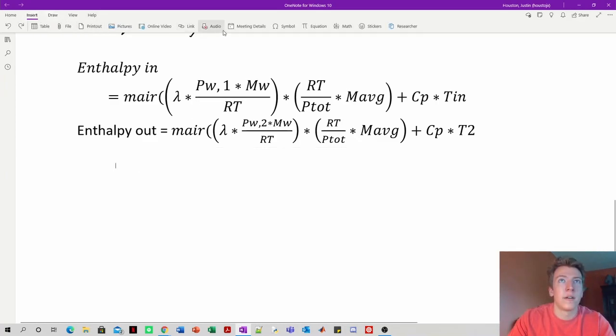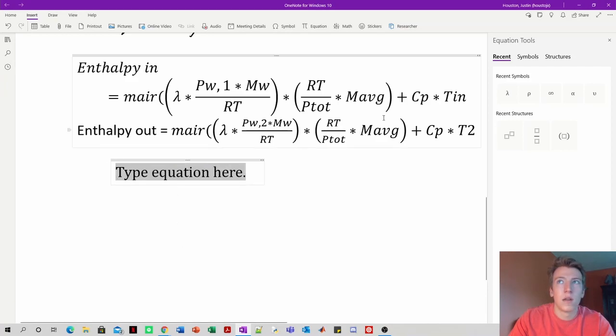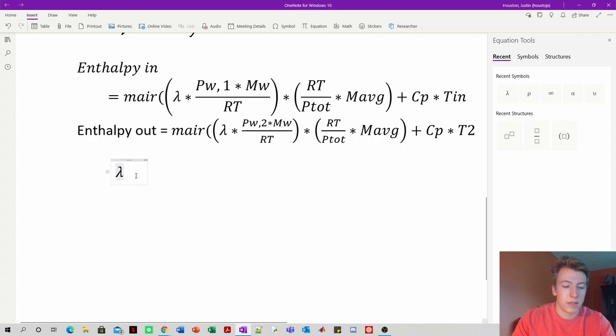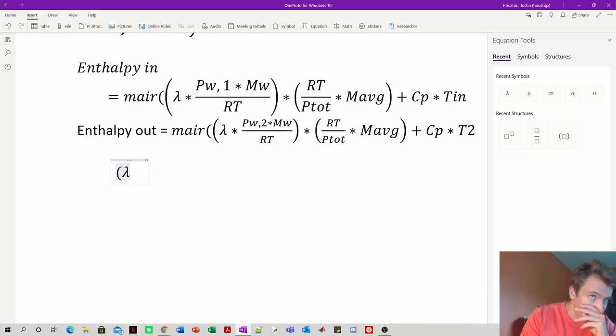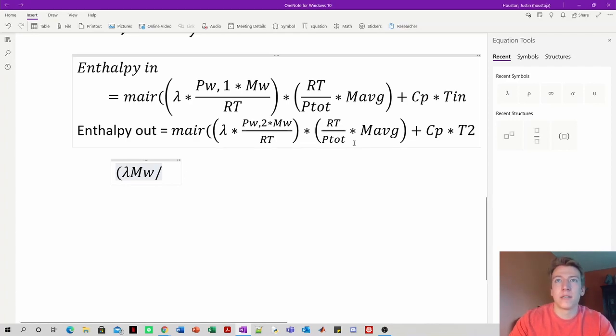So here I'll insert another equation. Like I said, we got lambda times the molecular weight, and that's going to be divided by the total pressure times the average molecular weight. I guess they converted it wrong: the average molecular weight should be in the denominator with the total pressure as well.